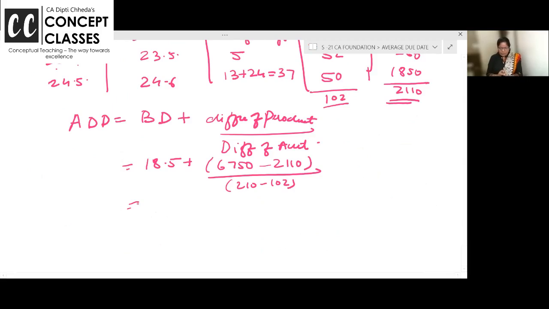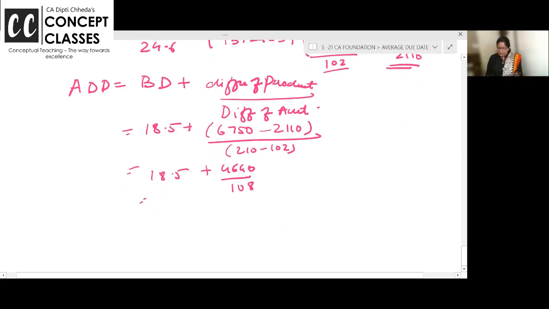6750 minus 2110, so you are getting 4640. And 210 minus 102, so you are getting 108 from 18th of May.